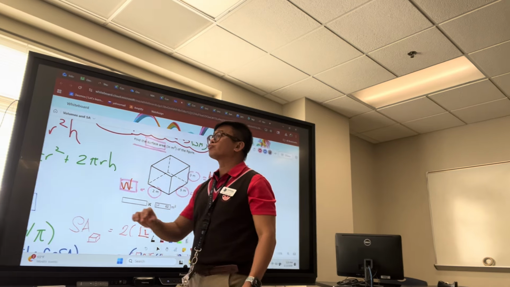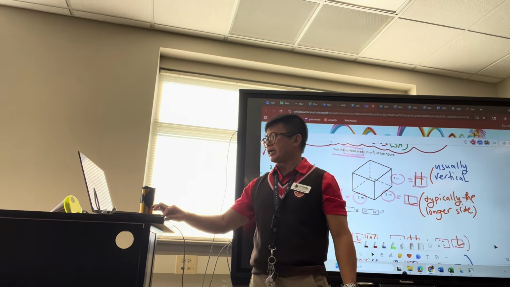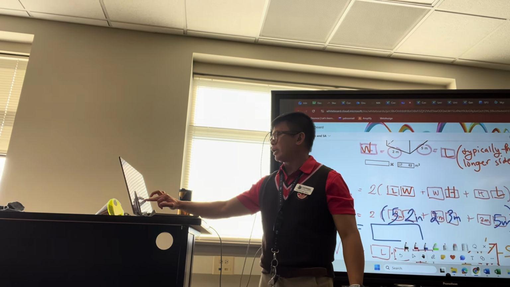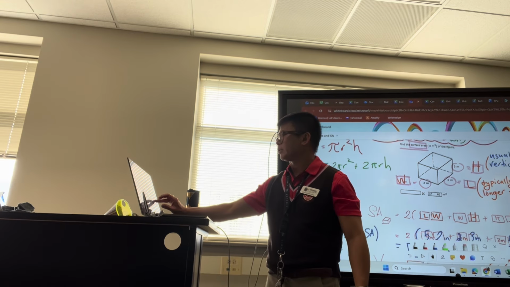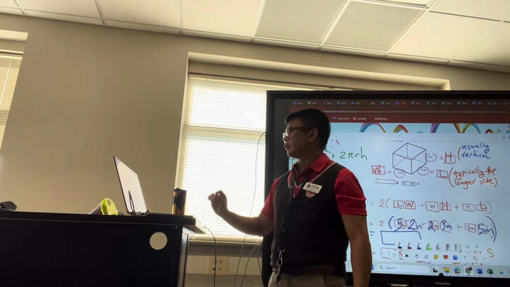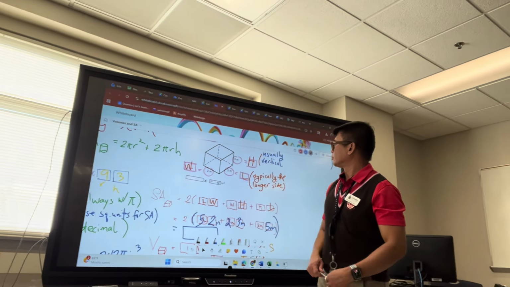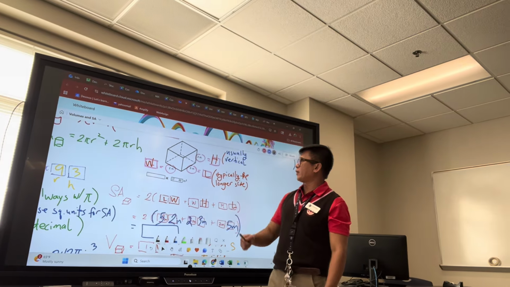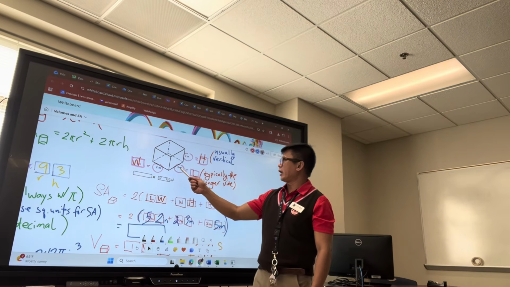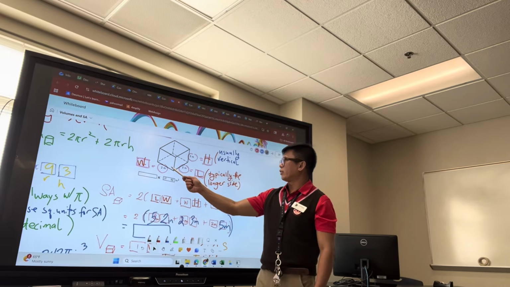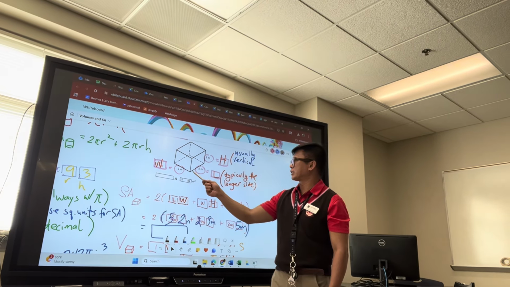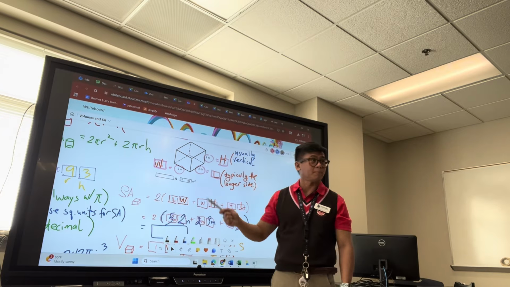The surface area, again, not the volume, but the surface area of this one should be the following. 2 of the length and the width. That's the bottom and the top.